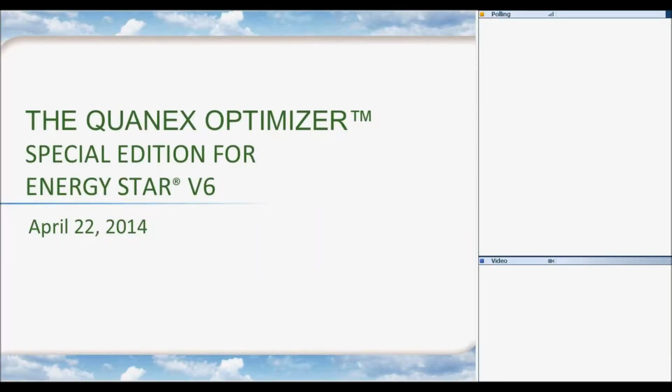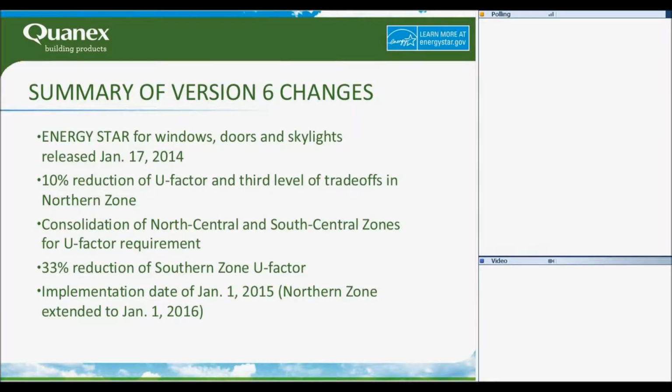Thanks, Carrie. Okay, I'm going to discuss the Optimizer in a moment, but first let me go over some basic facts just about Energy Star. As most of you know, Energy Star version 6 was released on January 17, 2014 for windows, doors and skylights. We covered this more in depth on our previous webinar, which you can listen to on demand at www.quanex.com/EnergyStar.